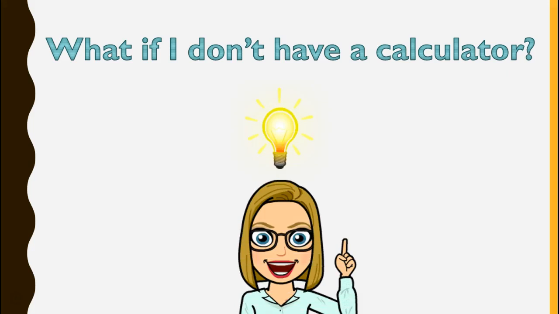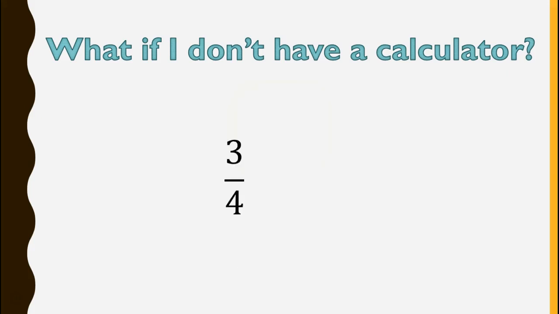We use our handy dandy long division. We know how to do that. 3 divided by 4, we can do that without a calculator. So let's try that. It would be 3 divided by 4.